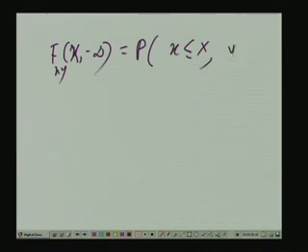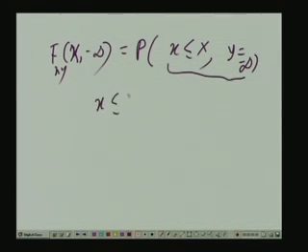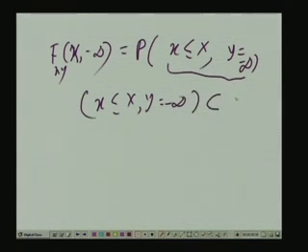But this event is basically a subset of this event.